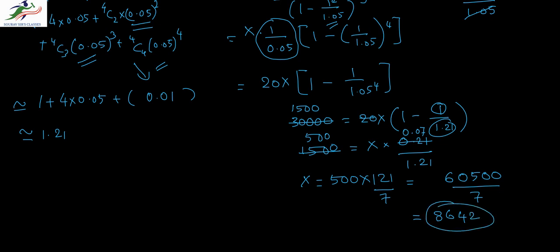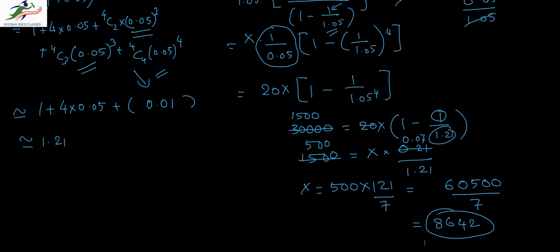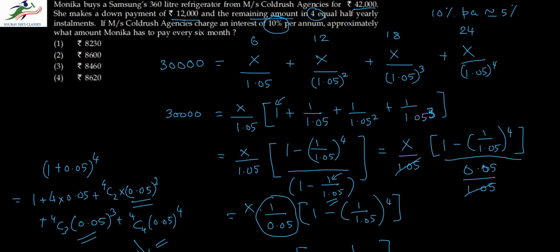So 8642 is the amount that would be paid in each of the installments by Monica, and let's see which is the closest option here. So the closest option we can see is 8620, which is the correct answer.